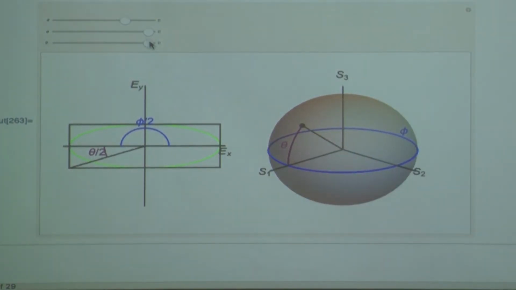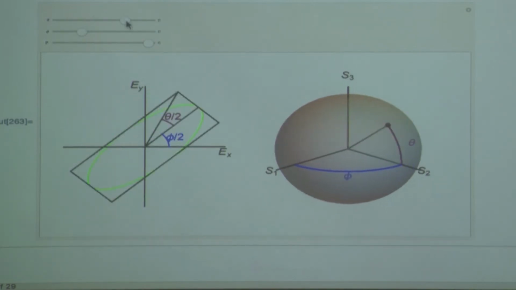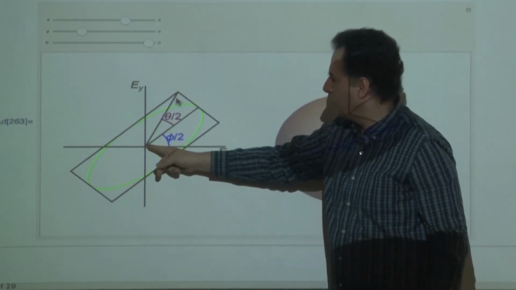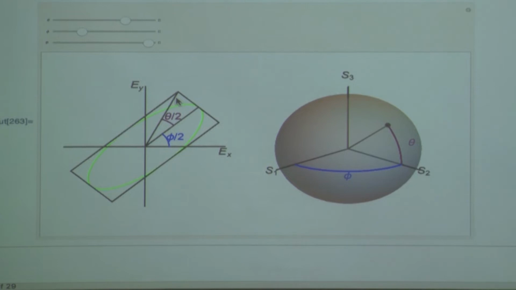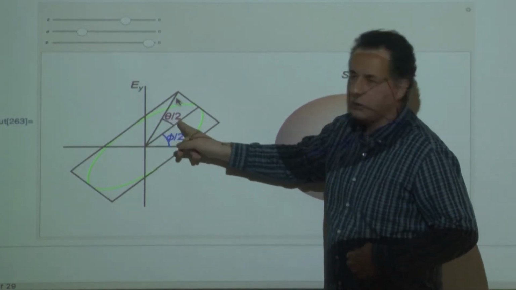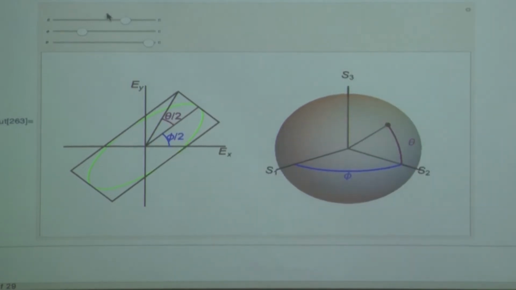Similarly, to define ellipticity, I can box this ellipse in this rectangle. Turns out that the distance to the corner is the square root of the intensity, and this angle here is a good measure of the ellipticity.